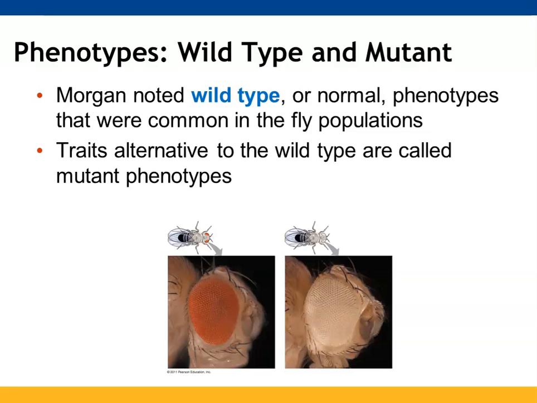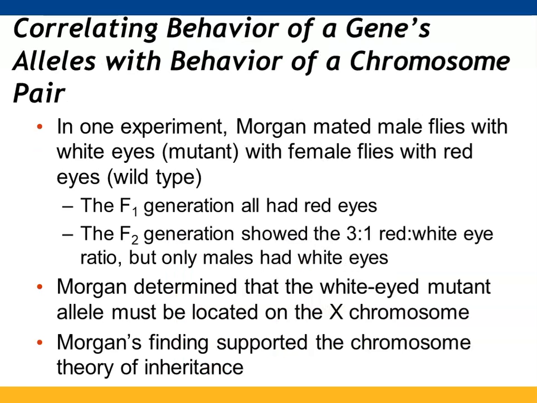When we talk about phenotypes from Morgan's work, we're going to be dealing with wild type and mutant. Wild type would be what we would normally expect to see if you had one of your dominant alleles, and mutant would be what we would expect to see if you only had recessive alleles. So the red eyes are wild type, the white eyes are mutant for these fruit flies.